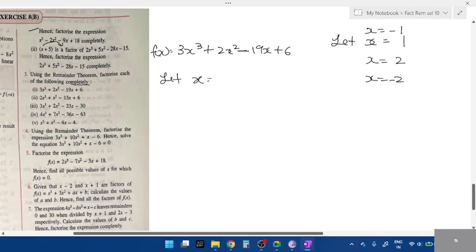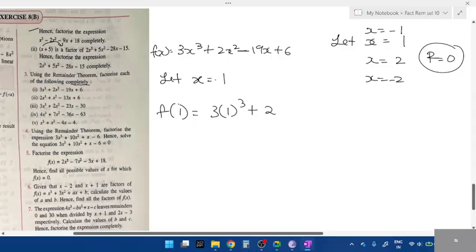Let x is equal to 1. Definitely for any one value you'll get remainder 0. Until then you should keep checking.